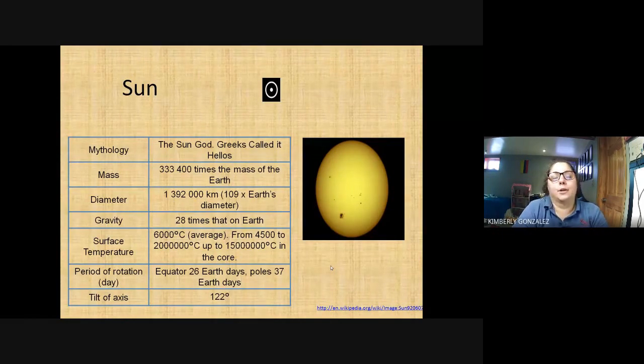It has a diameter of 1,392,000 kilometers, or 109 times the Earth's diameter. Its gravity is 28 times the strength of that of Earth's. Okay? Its temperature will actually vary from 4,500 degrees Celsius to about 15 million degrees Celsius.